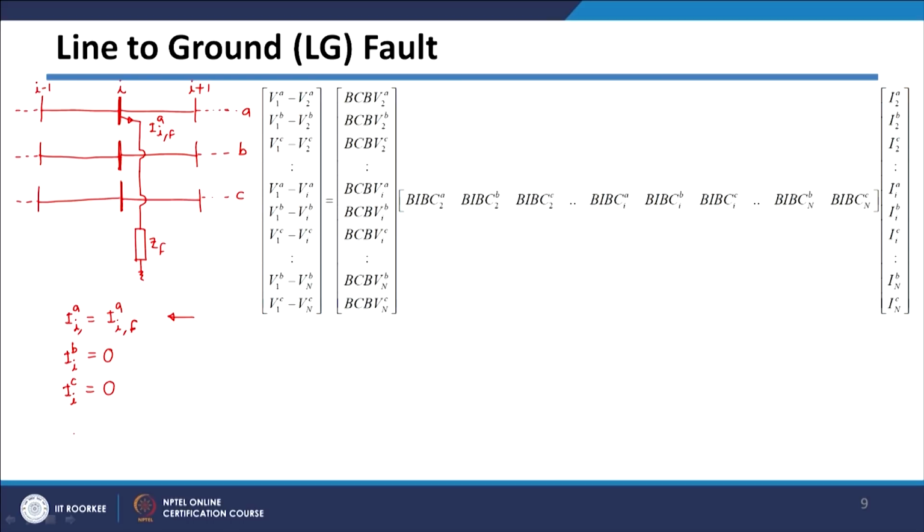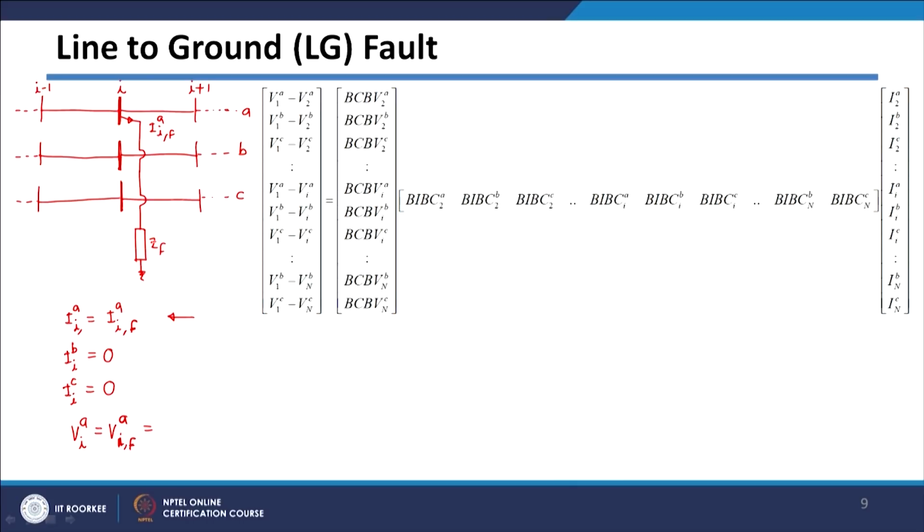Therefore, I can write the voltage at this particular bus, ith bus of A phase, as V_I,A,F, the voltage of the ith bus and A phase, where F stands for post fault. If you observe this post fault voltage here, the current is flowing like this.